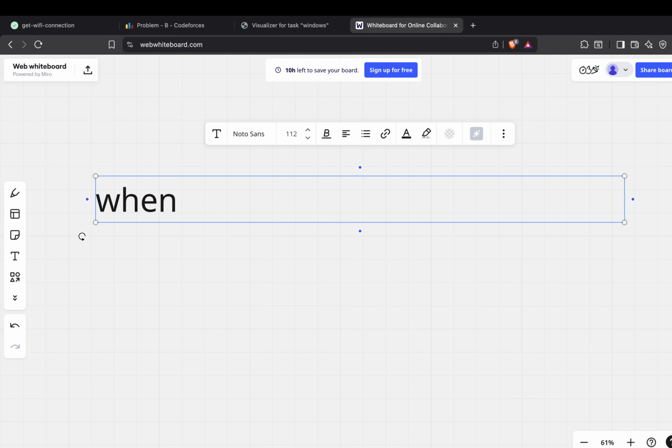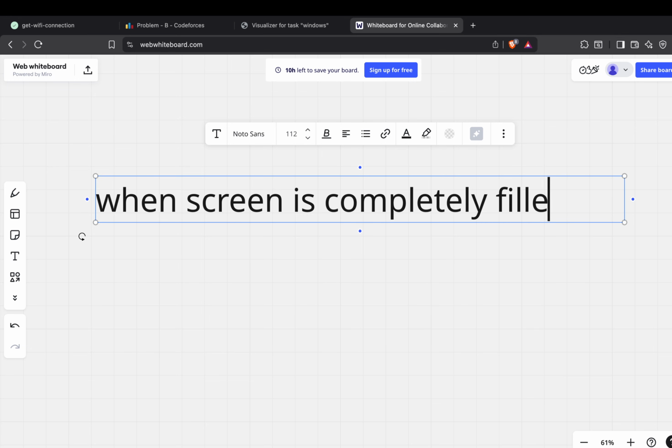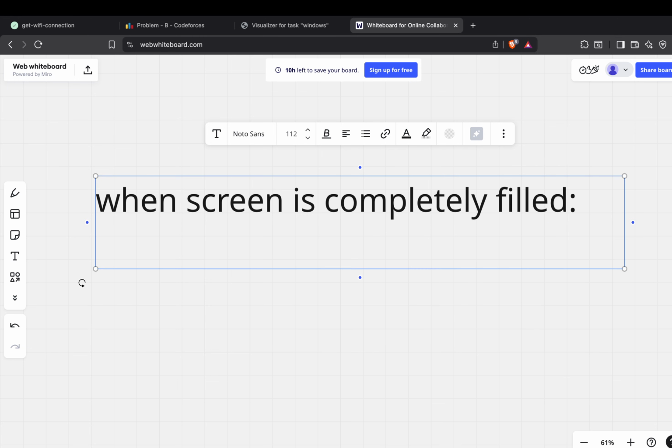When the screen is completely filled, what is the scenario? In this scenario, every tab takes total length divided by the number of tabs.